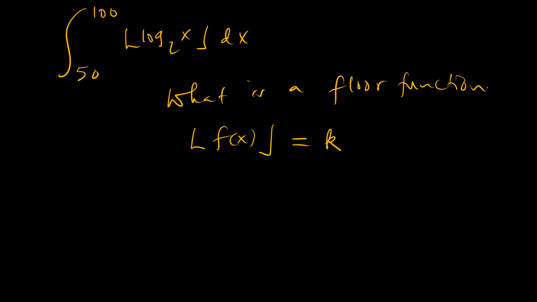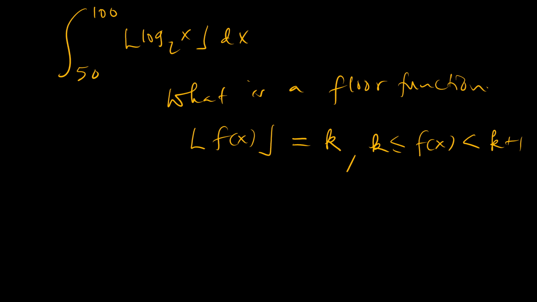In other words, it's an integer value when f(x) lies between k and k plus 1. So it's a discretization function that allows you to take the integer that is lower than the value of f(x).